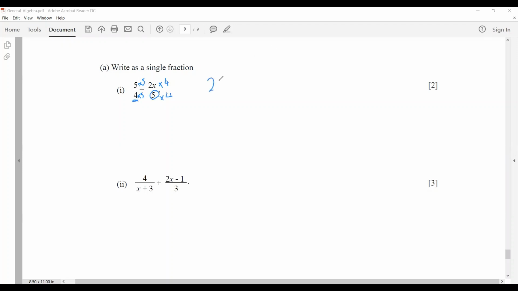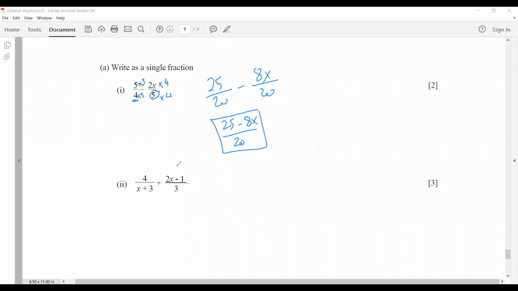And that gives you 25/20 minus 8x/20. Okay. And that leads to 20 in the denominator, 25 and minus 8x in the numerator. And that's a single fraction, right?